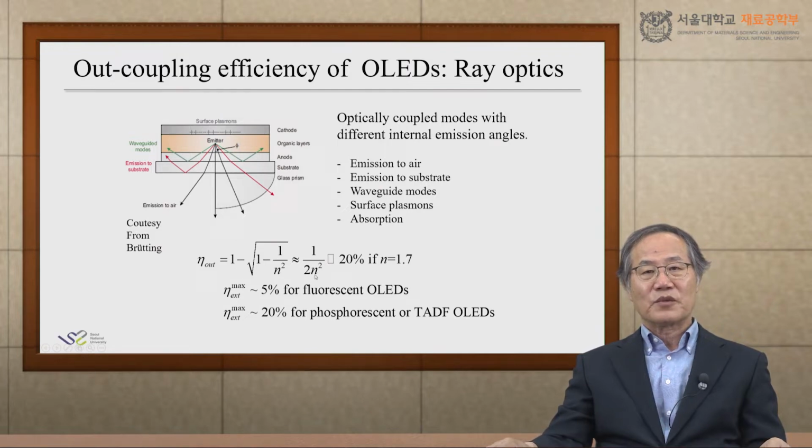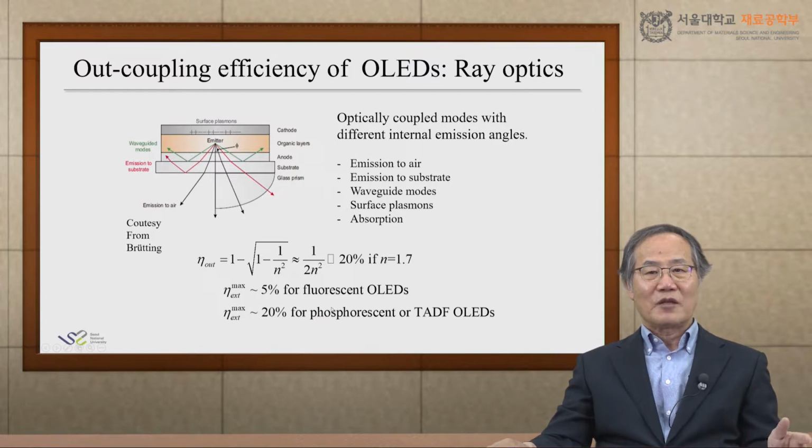And if you put in n of 1.7, this is about 20%. So 20% times 25% for fluorescent OLED, that's the allowed radiative transition, the maximum is 5% for fluorescent, and phosphorescent 20%. That is the case.